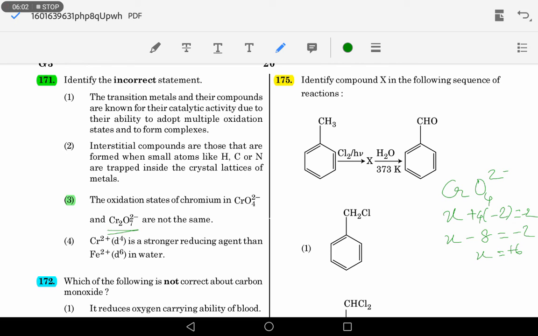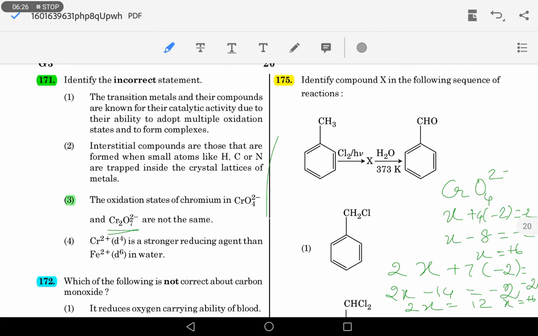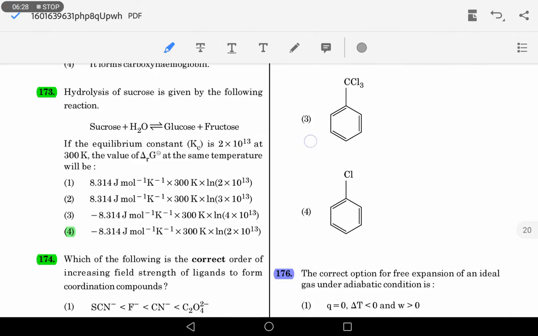Similarly, check it for Cr2O7 2-, 2x plus 7 of minus 2 equal to minus 2. So 2x minus 14 equal to minus 2, or 2x equal to 12, x equal to plus 6. They both have the same oxidation state, but the statement says they don't have the same oxidation state. Hence, it's a wrong statement.